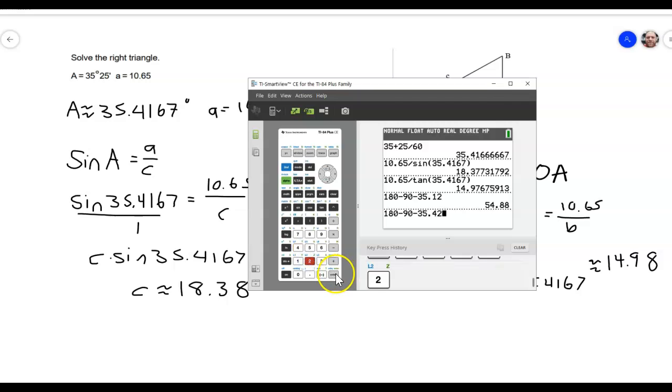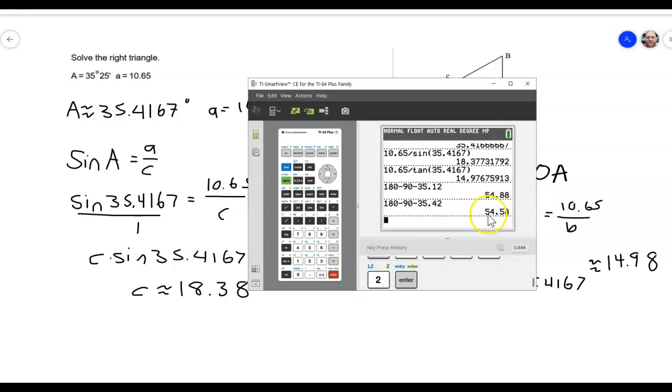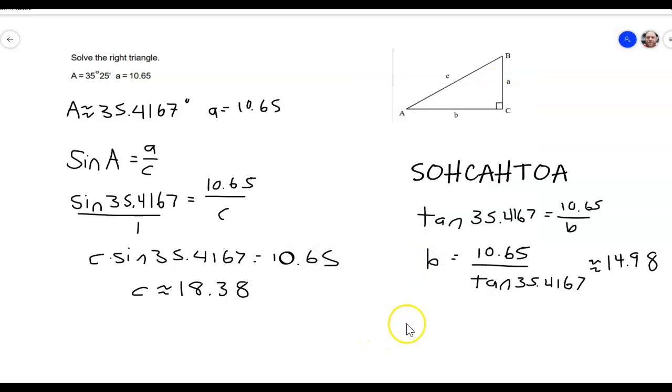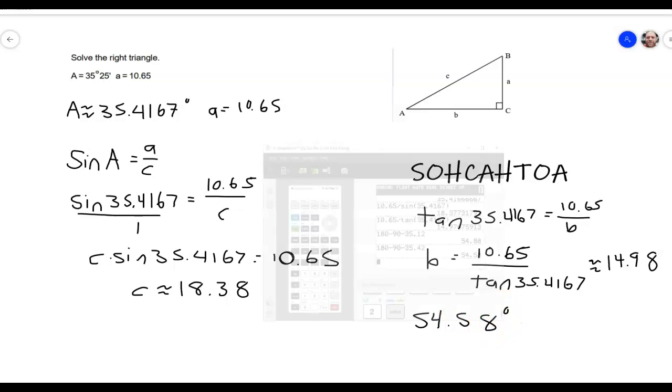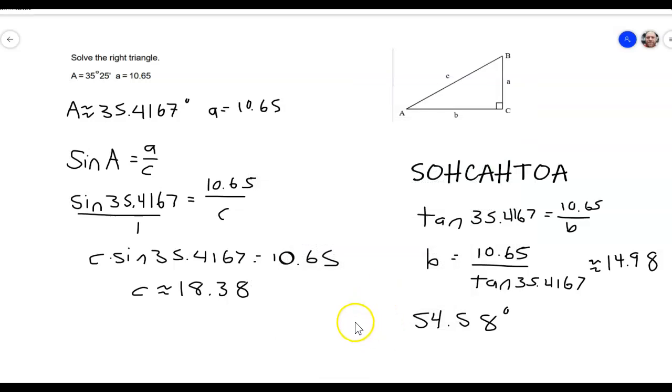Rounded to 2 decimal places, that last angle would be 54.58 degrees. So angle B is approximately 54.58 degrees. All right, and that is all of the angles. As we can see, C is 90 degrees.